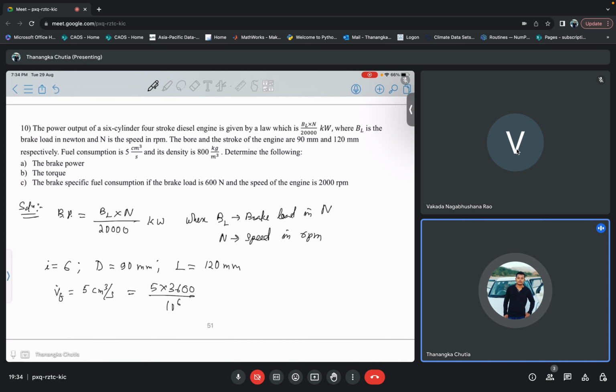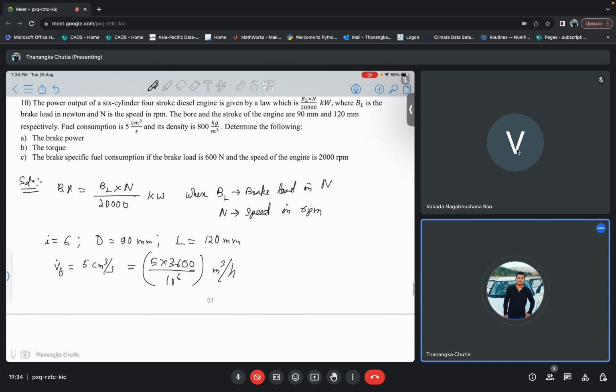So this will be in meter cube per hour. Okay, because we will be converting everything in our SI unit. So the mass flow rate of the fuel will be nothing but volume flow rate of the fuel into density, and density of the fuel is given to us as 800 kg per meter cube. Okay, so if you put all these values, you will get this one as 14.4 kg per hour.